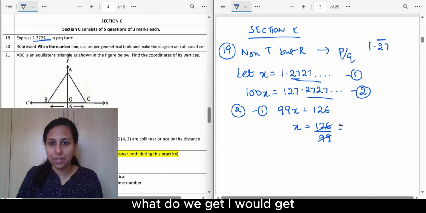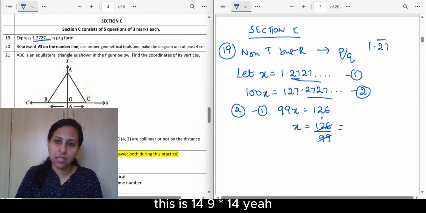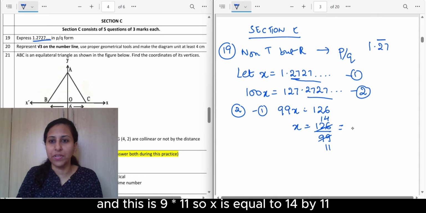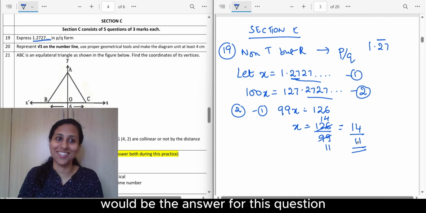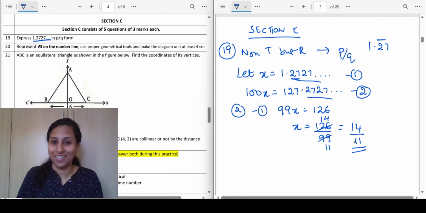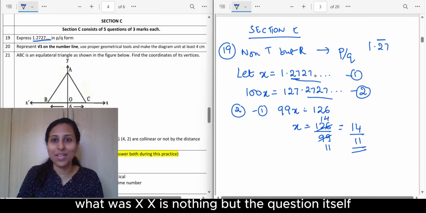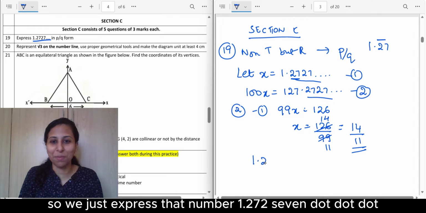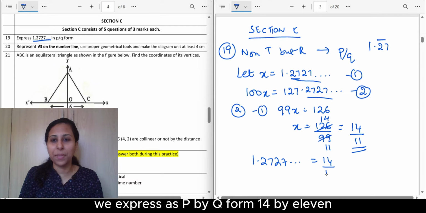This is 9 times 14, and this is 9 times 11. So x is equal to 14 by 11 would be the answer for this question. What was x? x is nothing but the question itself. So we expressed that number 1.2727... as p by q form, 14 by 11.